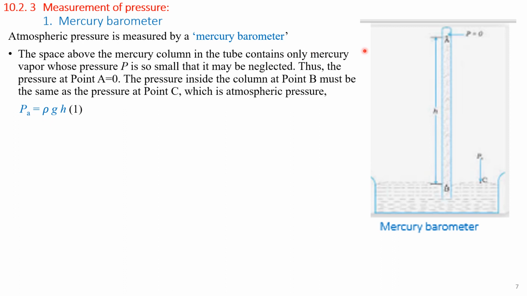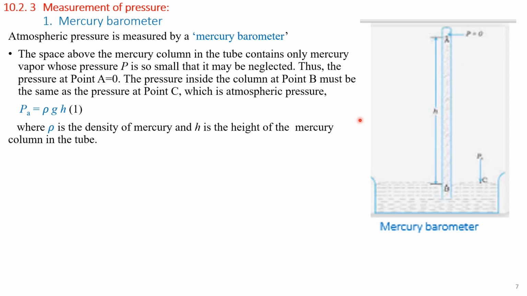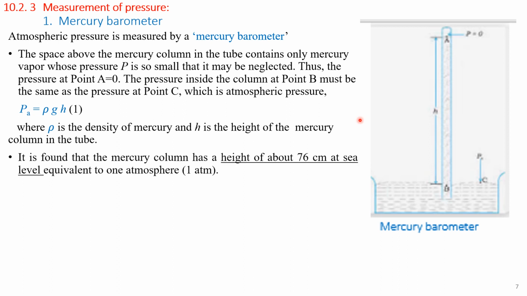The distance between A and B is the height h. It is found that the mercury column has a height h equal to 76 centimeters at sea level. That is equal to 1 atmosphere, also written as 1 atm.